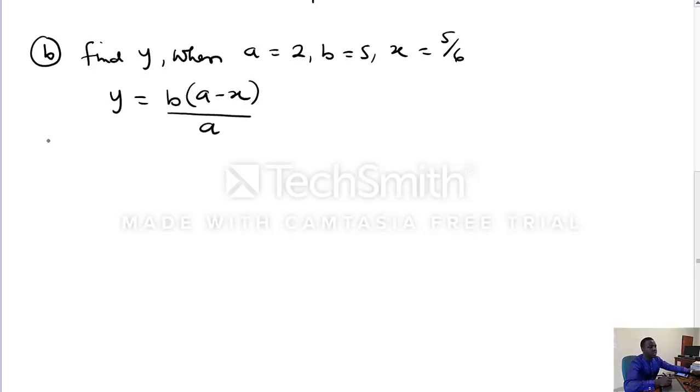B says we should find y when a is equal to 2, b is equal to 5, and x is equal to 5 over 6. Already we have gotten the relationship for y to be y is equal to b into a minus x, all divided by a.